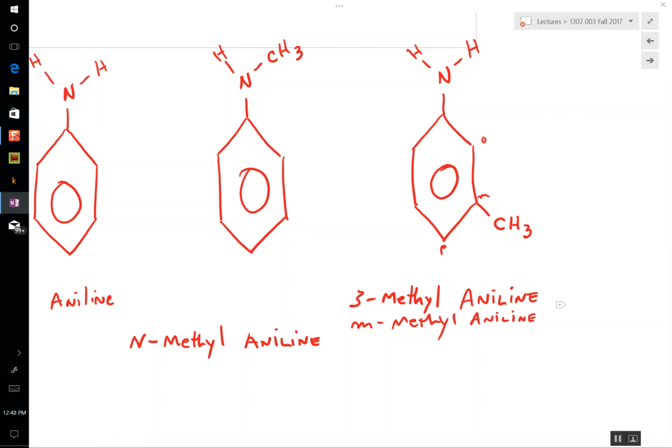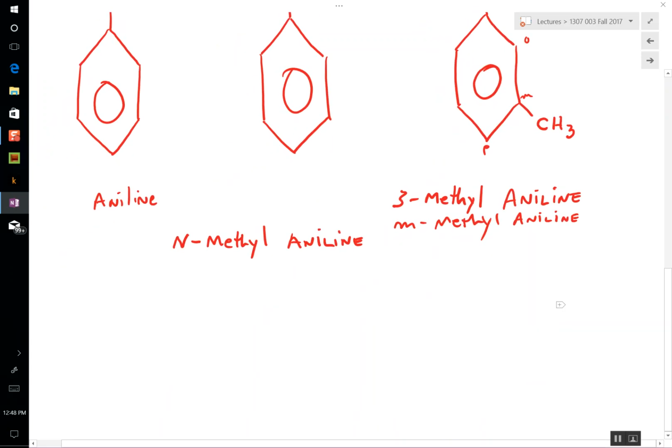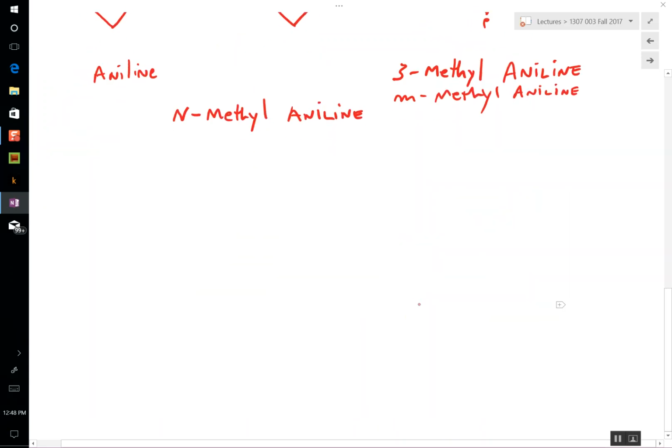But if I gave you the name of a molecule like parachlorotoluene, you'd need to be able to draw that. We're getting a little bit off track, but that's okay. So parachlorotoluene, this is toluene.